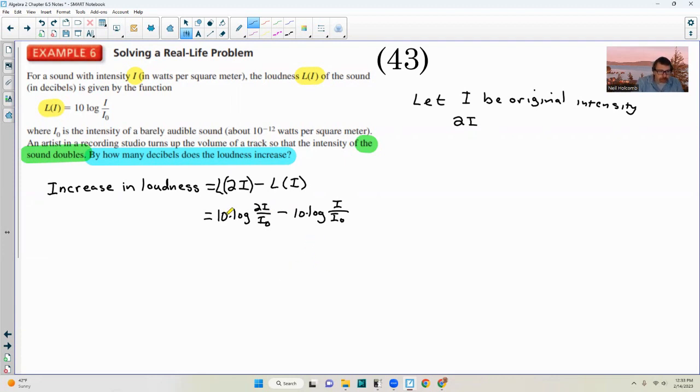As you can see, we have 10 in both, so we can factor that out. So it's going to be 10 times the log of 2I divided by I naught minus log I divided by I naught. Okay, so we got that 10 out of there. Next thing we want to do is use our rules.